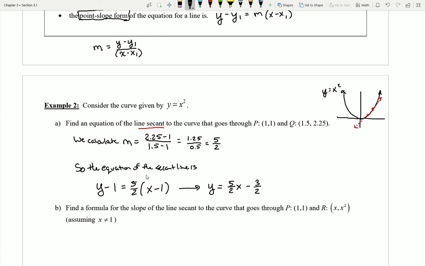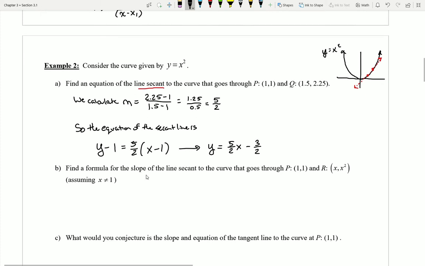Well, now let's go ahead and see how we might be able to extend this question. What I'm going to be interested in doing here is to take a look at, can I find a formula for the slope of a line, again, still that's going to be secant to the curve, but maybe it starts at the point 1, 1, but I don't really tell you what the other point is going to be.